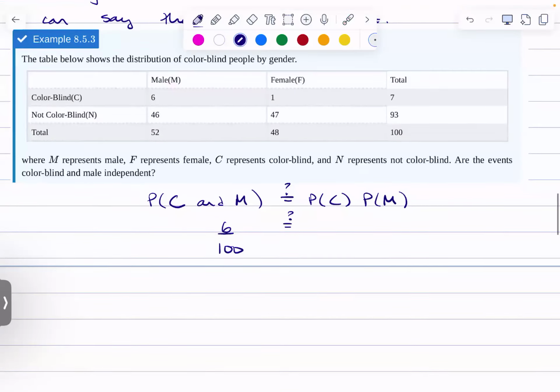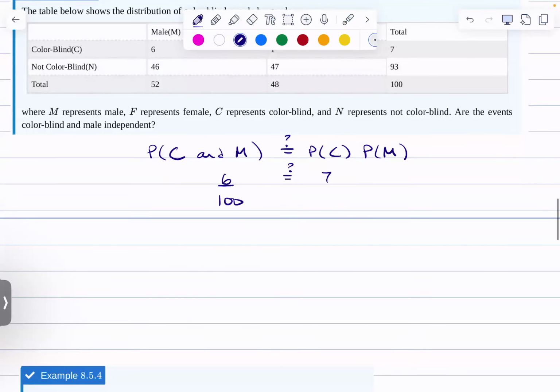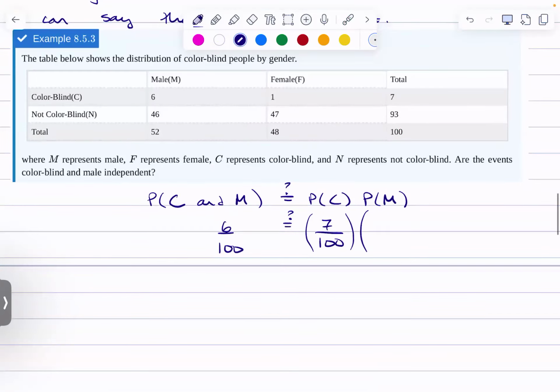The probability of being colorblind, right, is 7 out of 100. And the probability of being male in this sample is 52 out of 100.